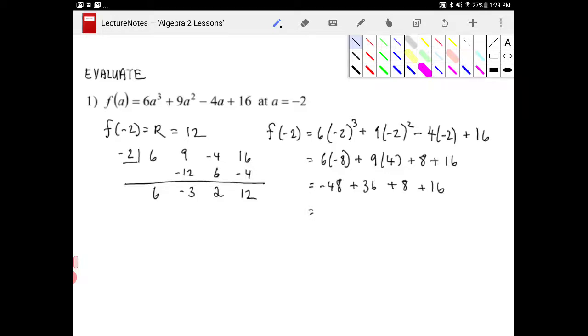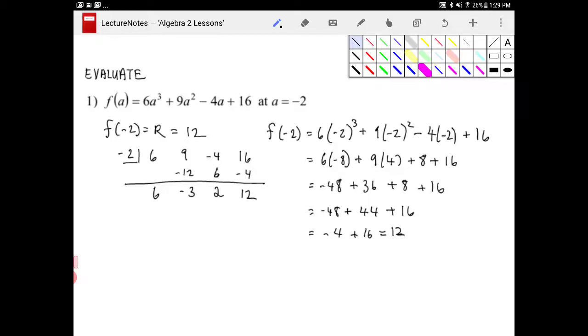And if I try to combine like terms here, actually all these are like terms. So -48 plus 36 and 8 makes 44, so -48 plus 44, that's -4. Plus 16 is positive 12.